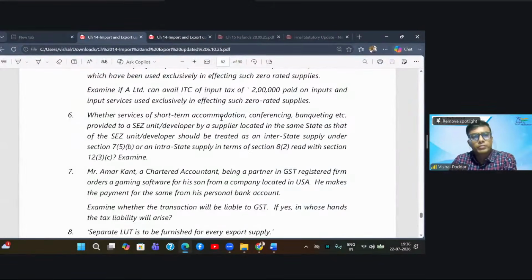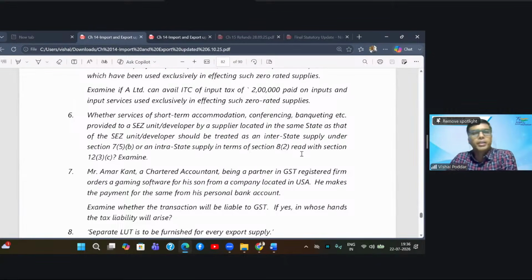Under this situation, whether service of short-term accommodation, conference, banquet, etc., which is given to SEZ unit developer by a supplier located in same state as that of the SEZ should be treated as interstate supply under 17.5 or an intrastate supply.